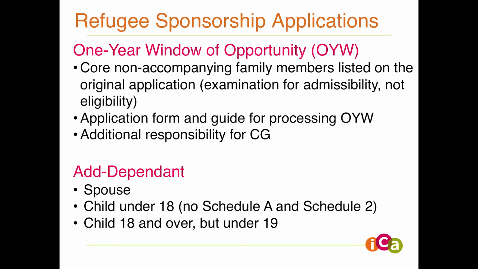So what happens is that on the original form, there's the principal applicant, let's assume it's the father. The other family members will be put on there as non-accompanying family members. Typically, the Canadian government doesn't want to deal with accompanying, because then they would have to get that principal applicant to the rest of the family, or the rest of the family to the principal applicant first, and try to process them together, which is often logistically not possible because different countries have different processing mechanisms.